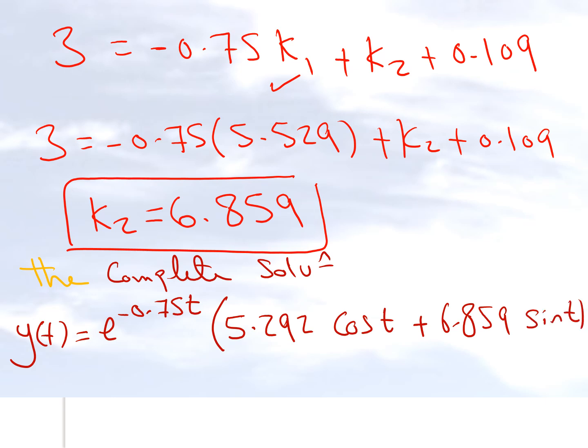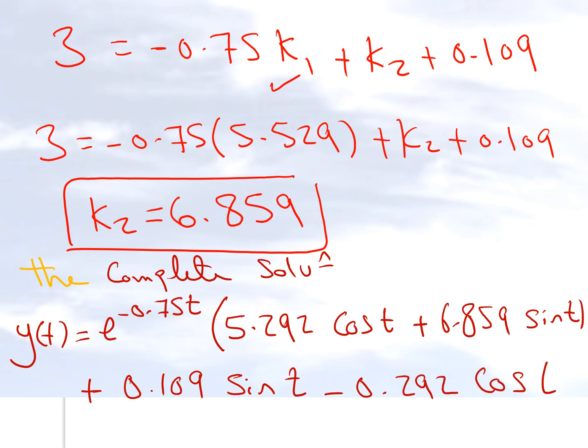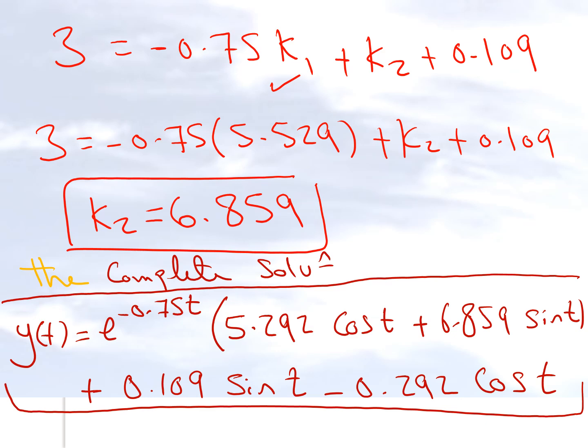So this completes the homogeneous solution plus the particular solution, which was 0.109 sine t plus negative 0.292 cosine t. So this is the complete solution after solving for all the unknowns, and this completes the solution for this problem.